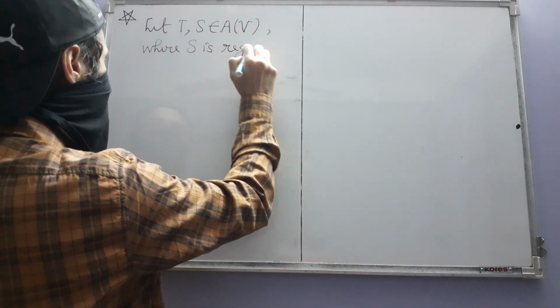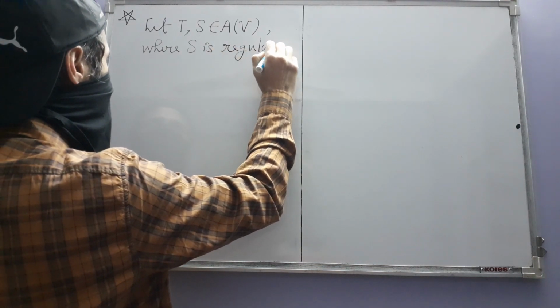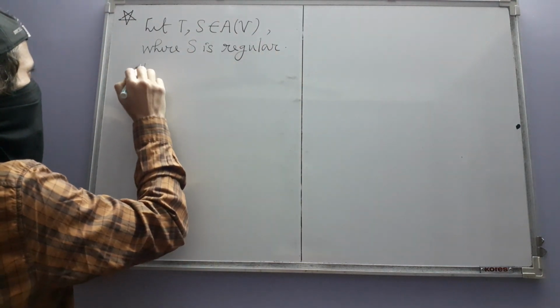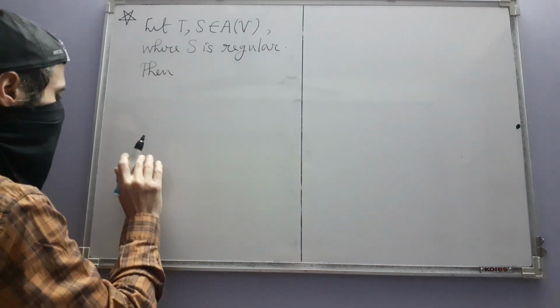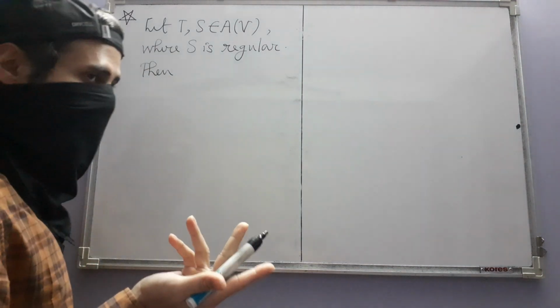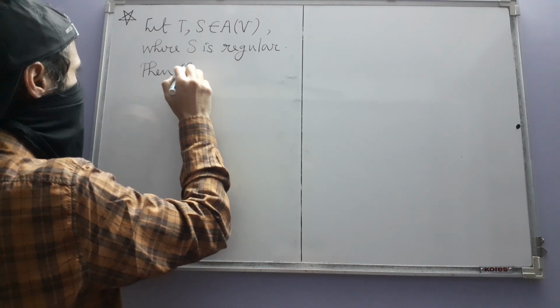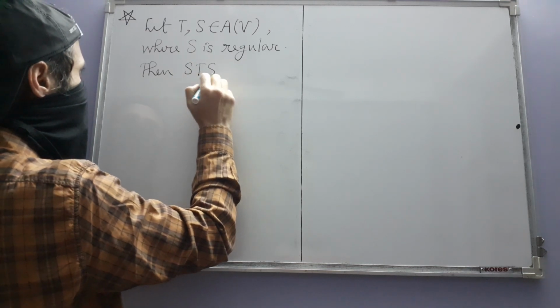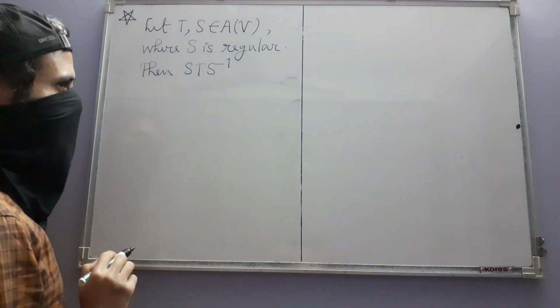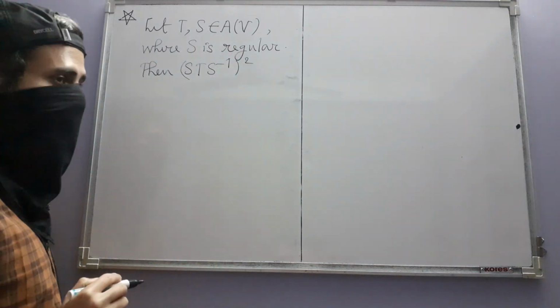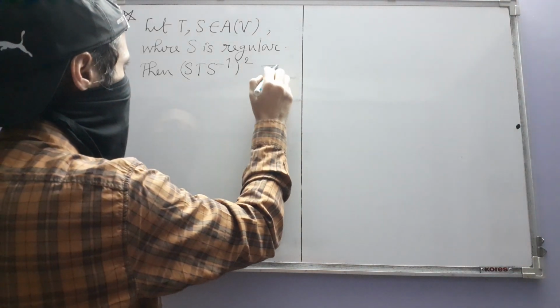T may or may not be regular, but S is regular. Then S inverse exists, so we can consider this product ST S inverse.